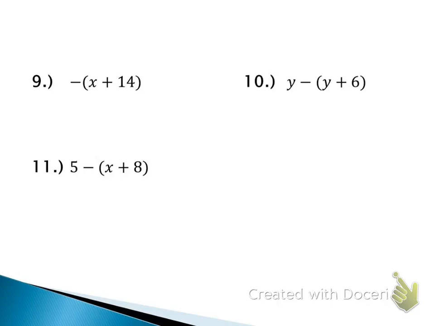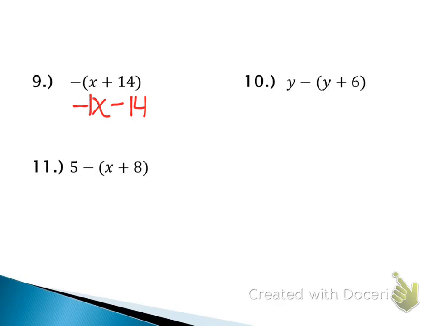Okay, so if we are subtracting x plus 14, then that means we are subtracting both x and 14. You might have seen this as like distributing a negative. So it would turn into minus x minus 14. If we're subtracting something in parentheses, we're subtracting the whole thing.